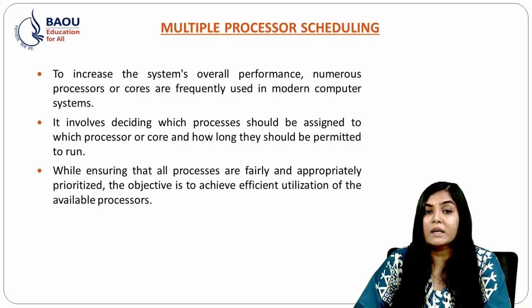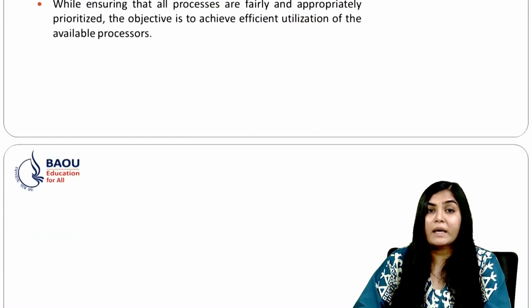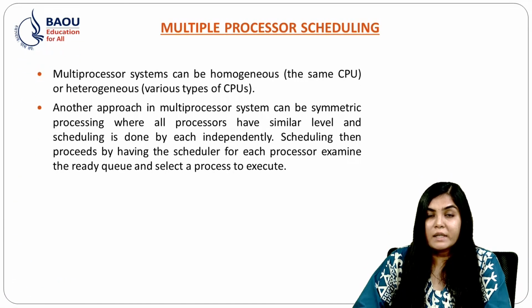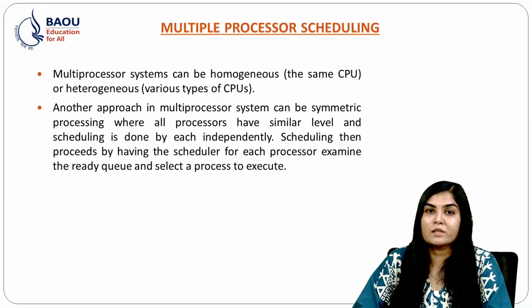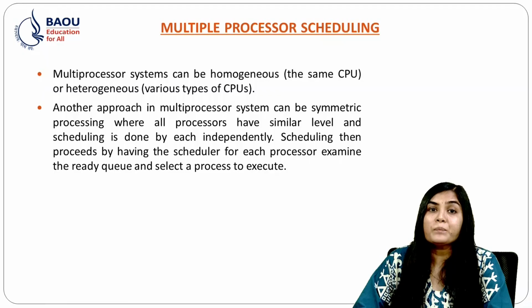The objective here is to achieve efficient utilization of the available processors. Multiple processor systems can be homogeneous, meaning they are all the same kind of CPU, and heterogeneous, meaning various types of CPUs. So another approach here, let's consider a system with homogeneous or identical processors and discuss the different possible scheduling mechanisms.